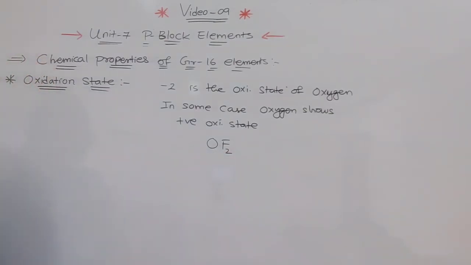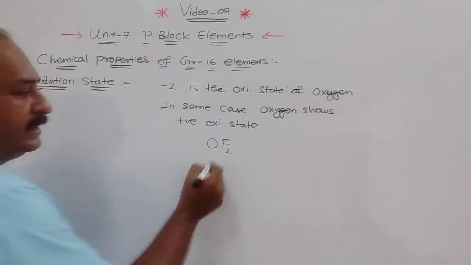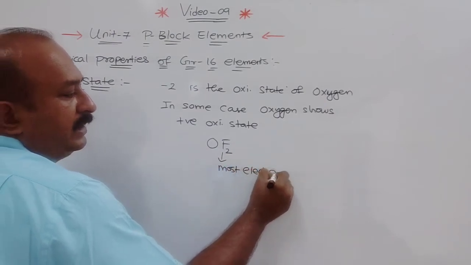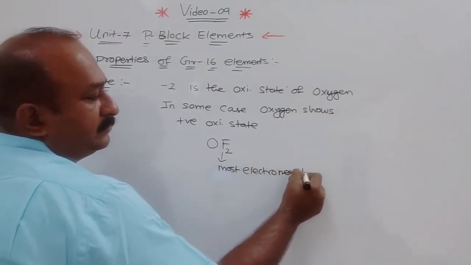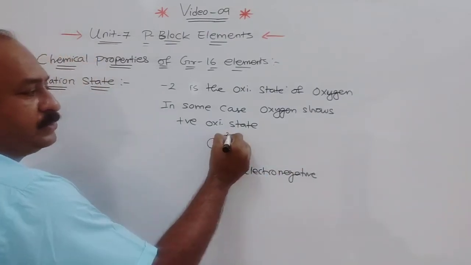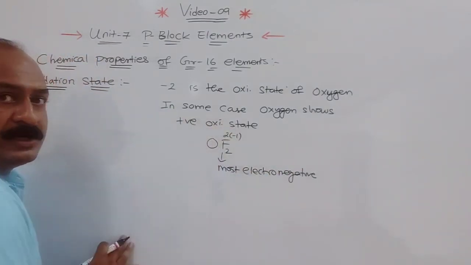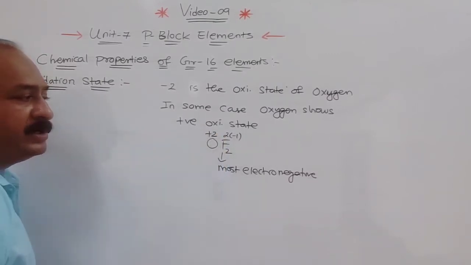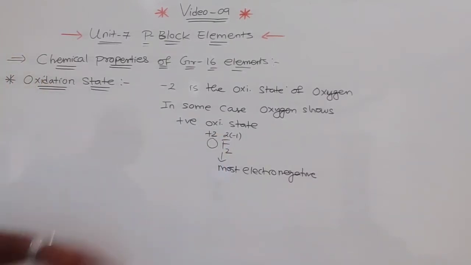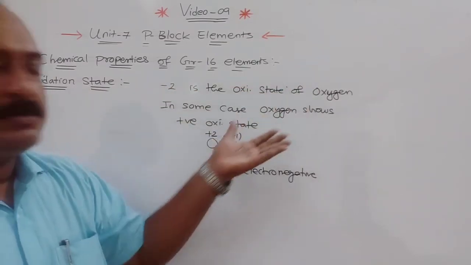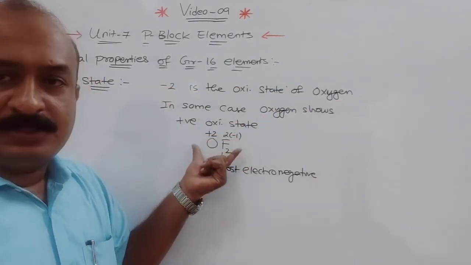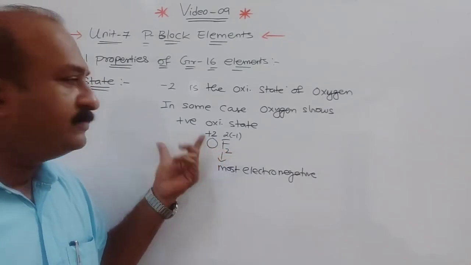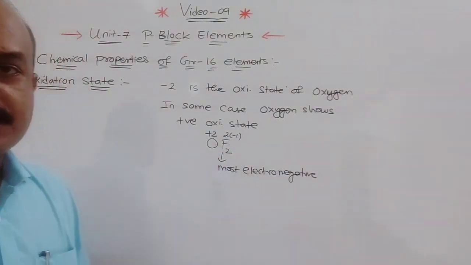In the OF2 molecule, fluorine is the most electronegative element, so 2 into -1, it will never leave its electronegativity. So in this case, oxygen will have a +2 oxidation state. Generally it shows a negative oxidation state, but with fluorine, the most electronegative halogen, oxygen shows a positive oxidation state.